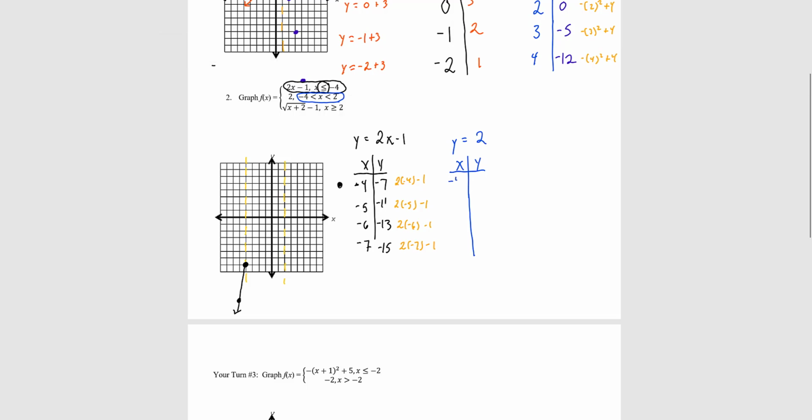It wants just the x values that are in that range. And since this equation is y equals 2, it doesn't matter what the x coordinate is. This, of course, is just going to be a horizontal line. And remember, we've got open dots because this did not have the or equal to symbol.